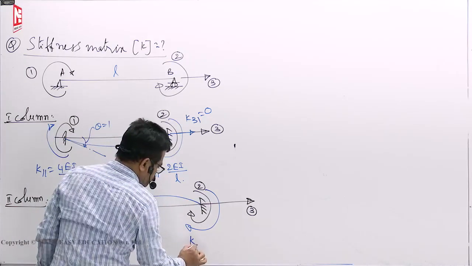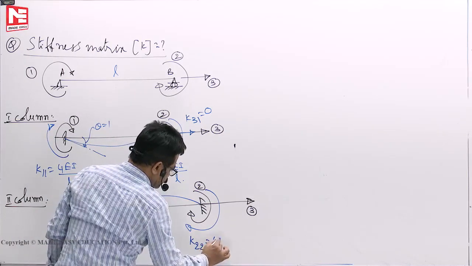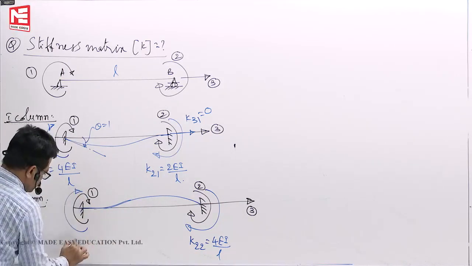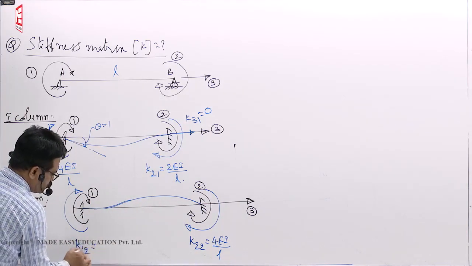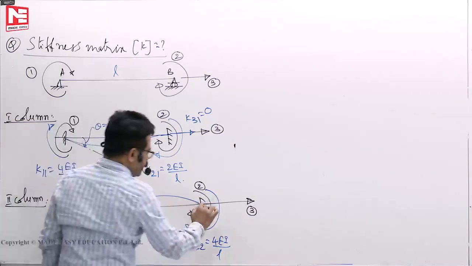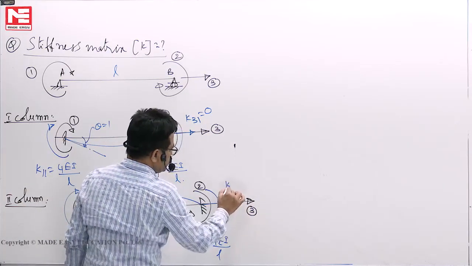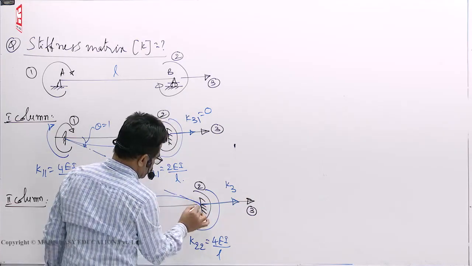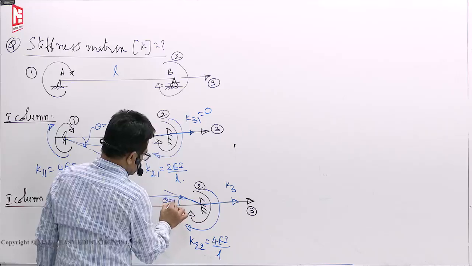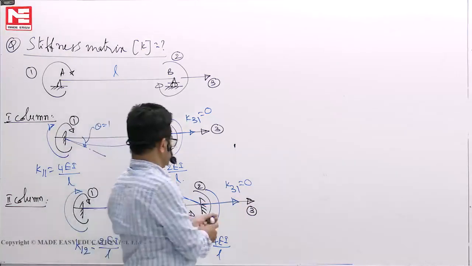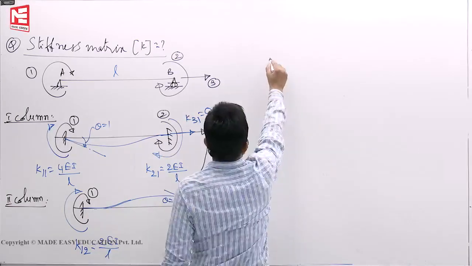Now K22, we know it is 4EI by L. Because of this, the carryover moment, we know K12 because of 2 is 2EI by L. When I rotate, elongation is 0. The force at 3 because of this displacement is 0, K32 is 0.